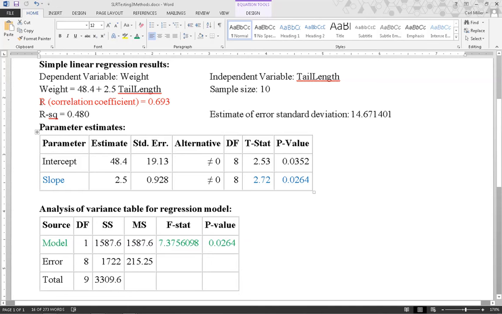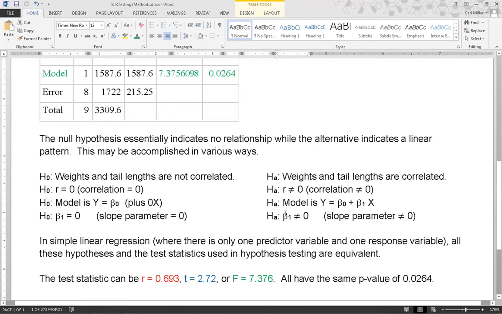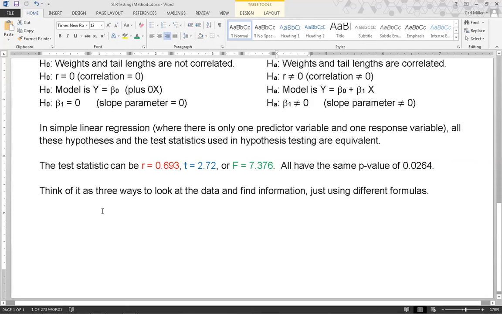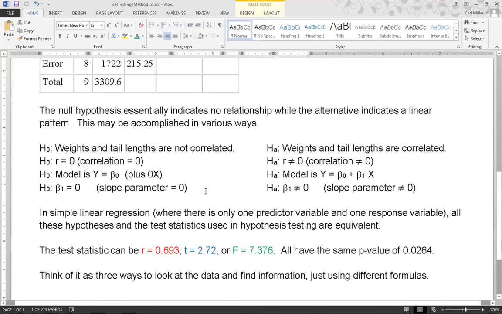Now, you can go into StatCrunch and ask it to give you both the correlation and the p-value associated with that correlation coefficient. But usually what we do is just read that off of the second line in the parameter estimates table. So don't worry about different representations and how to calculate all the different test statistics.